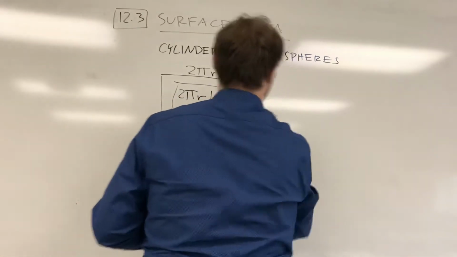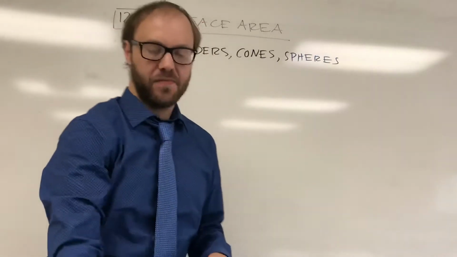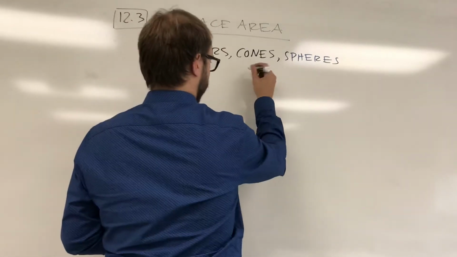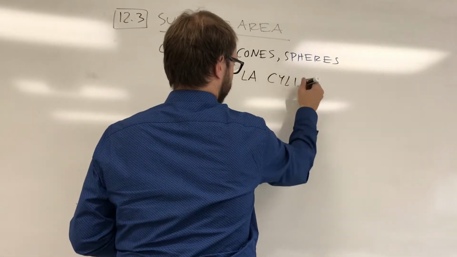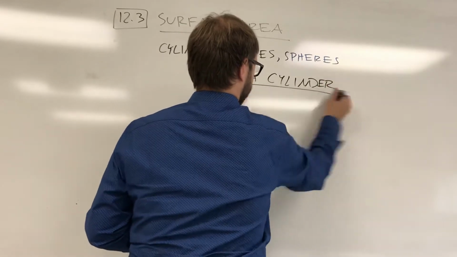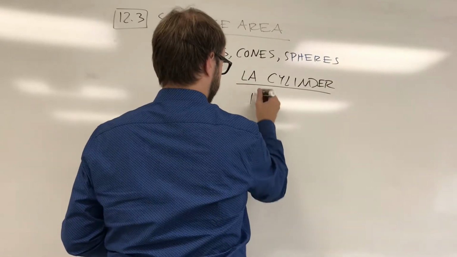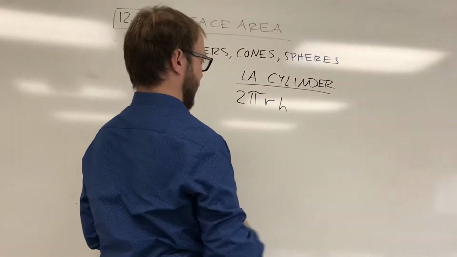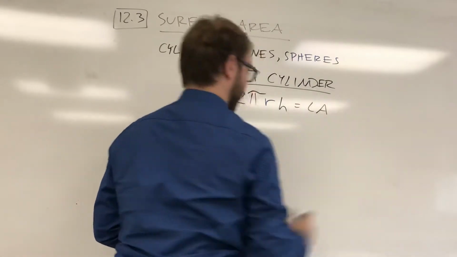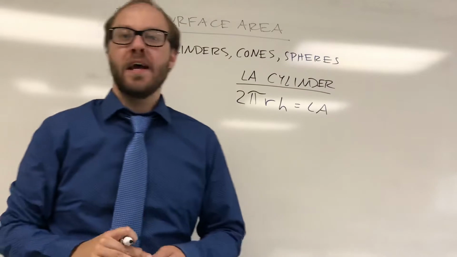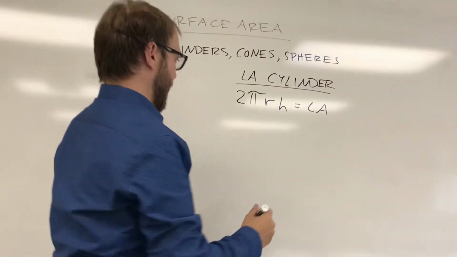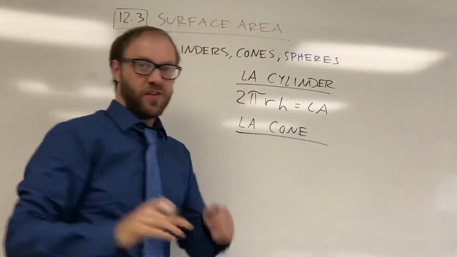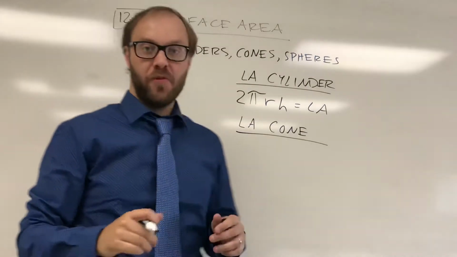Now I'm going to give you 3 formulas, and you really need to know these formulas, okay? These are considered to be pretty basic formulas in mathematics. Number 1, the formula for the lateral area of a cylinder is what we just showed: 2 pi r h. The lateral area of a cone, and I'll show you how this gets used in a minute, is a pretty simple formula.